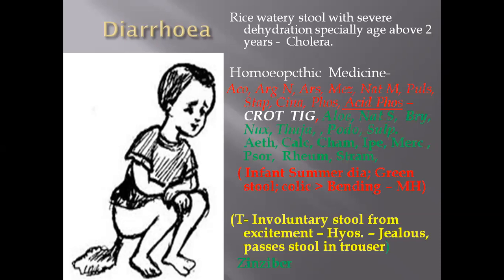Now, why? What is the indication of these medicines? In Aloe socotrina, simply try to understand that there is lack of confidence in the sphincter ani.